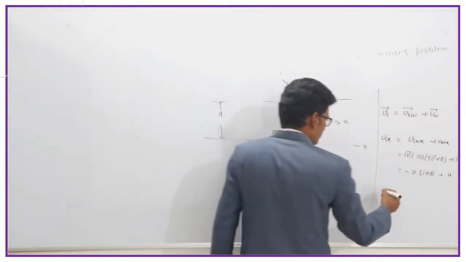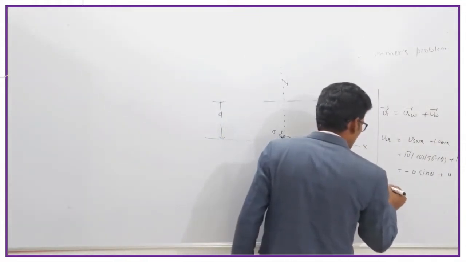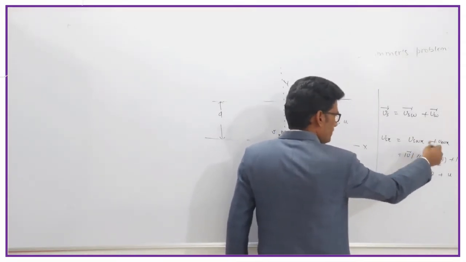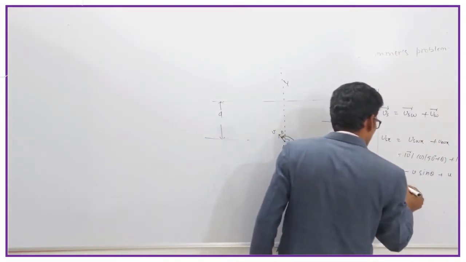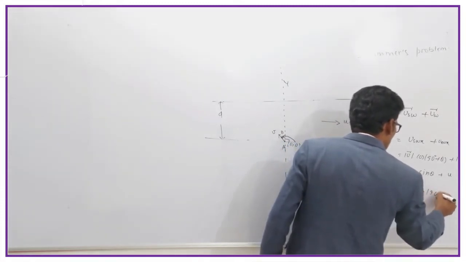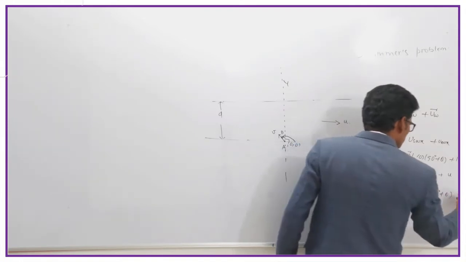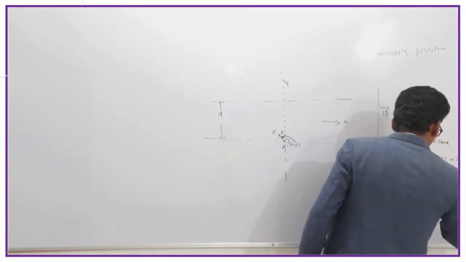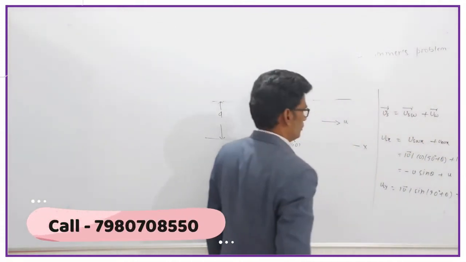Now in a similar fashion we are able to find Vsy. So look at here, only we have to replace cos by sin. It is mod v sin of 90 degree plus theta plus modulus of vector u and sin 0 degree.